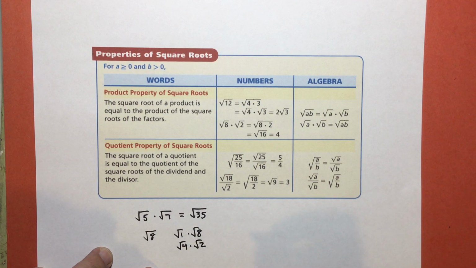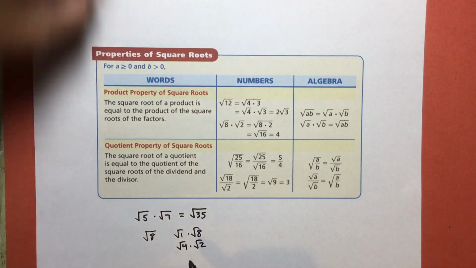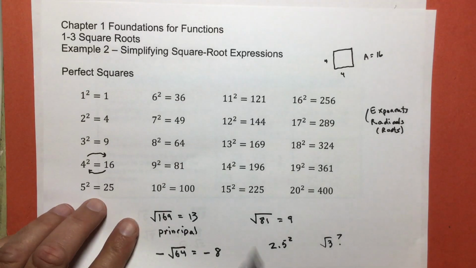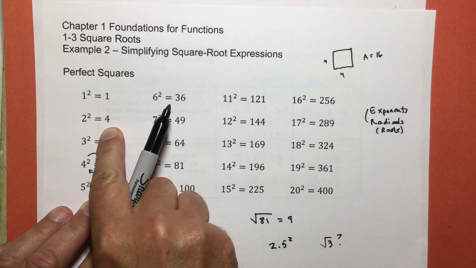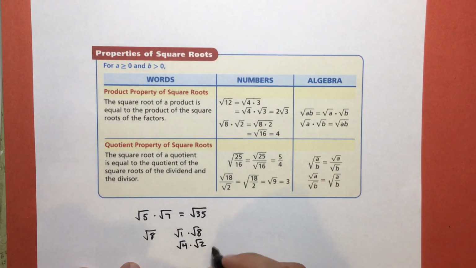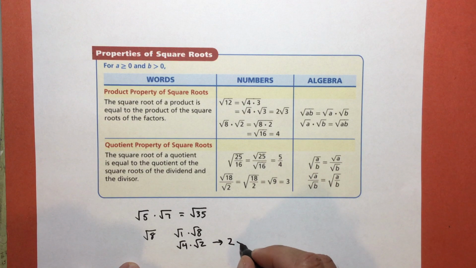That's another choice. This one's actually more interesting because, going back to this page, 4 is a perfect square. I know what the square root of 4 is. Square root of 4 equals 2, so I'd say that that's 2 times the square root of 2. This process right here is called simplifying the radical.